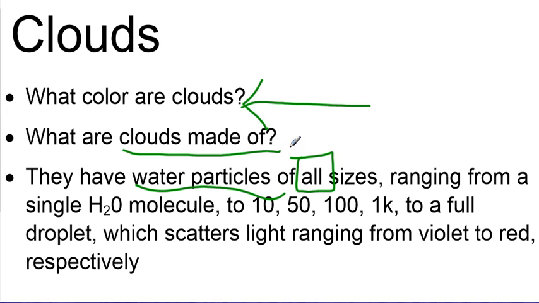So if we think back to the scattering of light, if we have particles going from the very small, from a single molecule, all the way to a full droplet, which could be hundreds of thousands, if not millions of molecules of water, it is going to be able to reflect or scatter all the wavelengths of light, which we will perceive to be white.